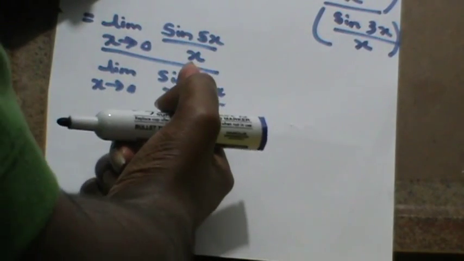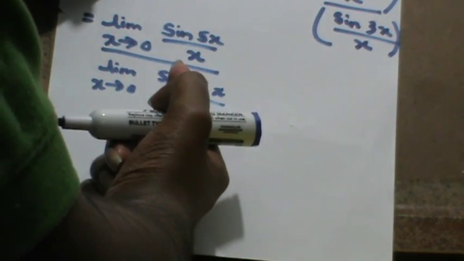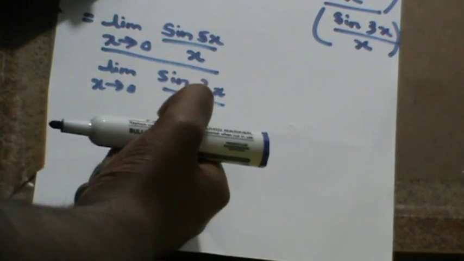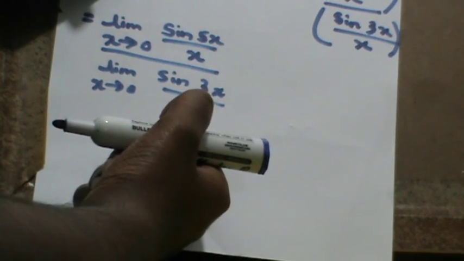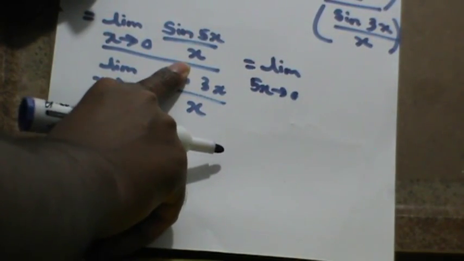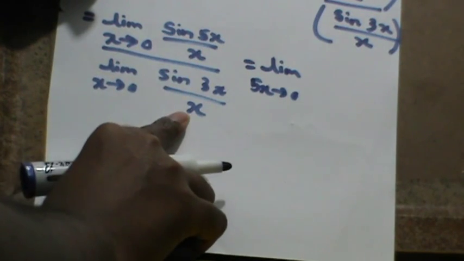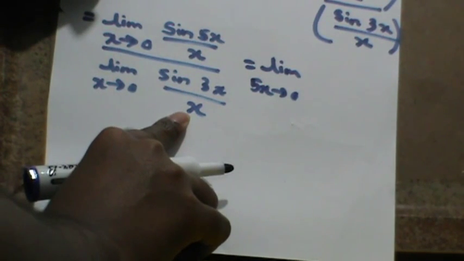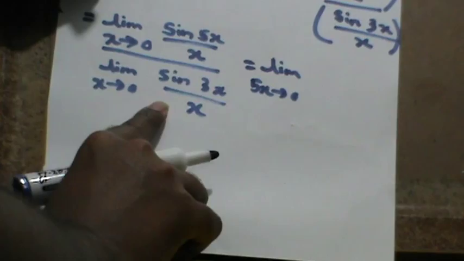So we have to form 5x here in order to apply this theorem, and we have to form 3x here in order to apply the theorem. Right. So as 5x goes to 0, in order to form 5x, I'll multiply the numerator and the denominator by 5 here, and in order to form 3x here, I will multiply the numerator and the denominator by 3.